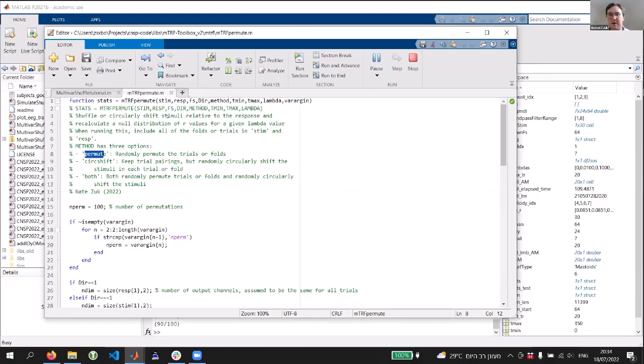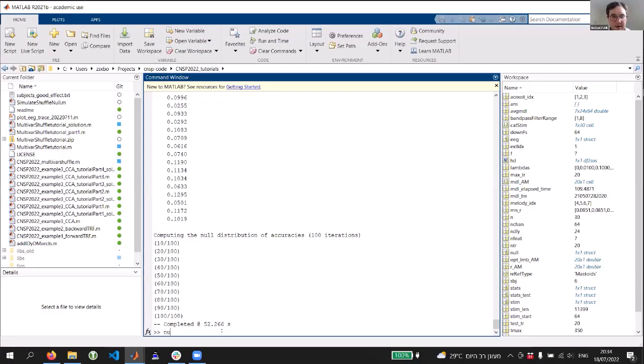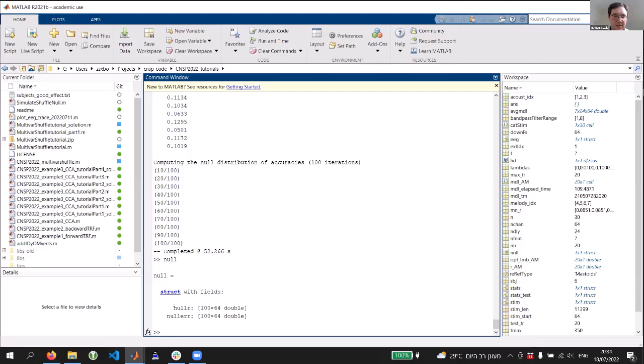If you're working with a small number of trials that are long, I would recommend circular shifting. If you have a lot of trials, especially if they're short, I would recommend permuting. Anyway, that is done. So that outputs a structure with null correlation values and also null error values.